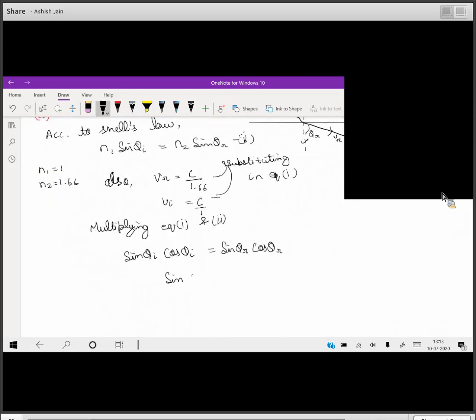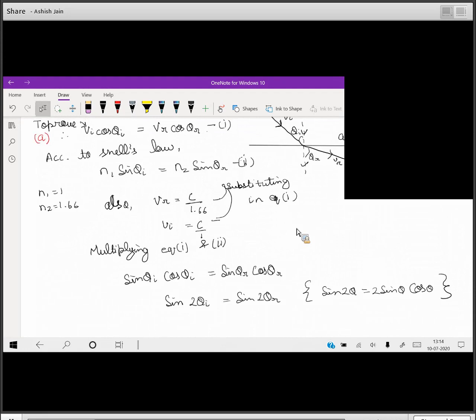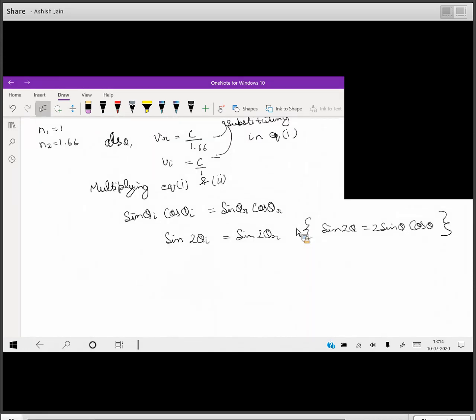Therefore, sine 2 theta i equals sine 2 theta r, where sine 2 theta is 2 sine theta cos theta. So theta i cannot be equal to theta r.